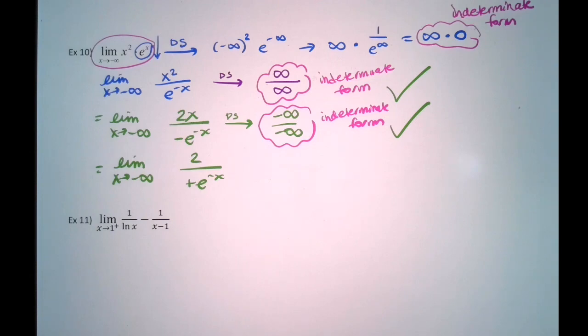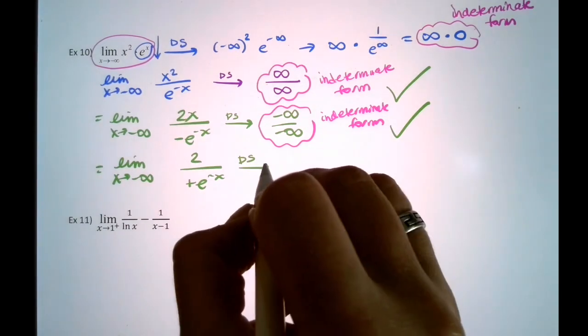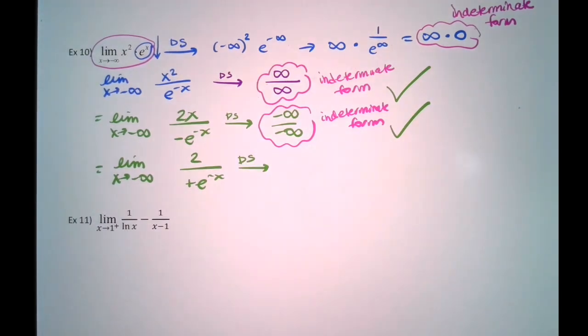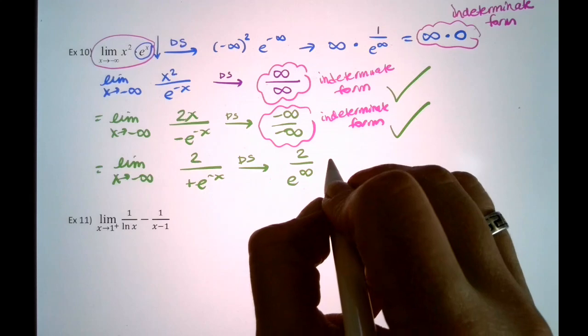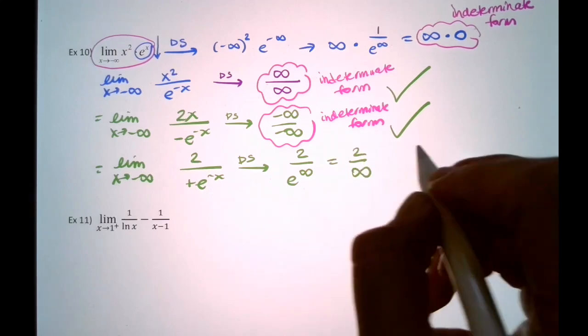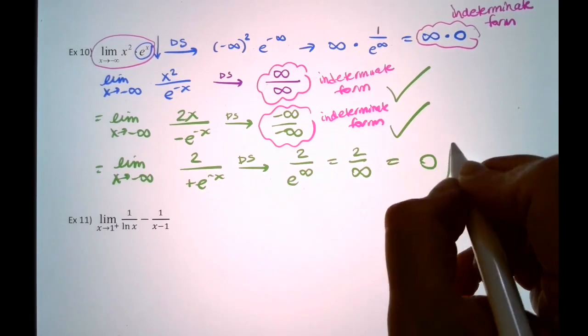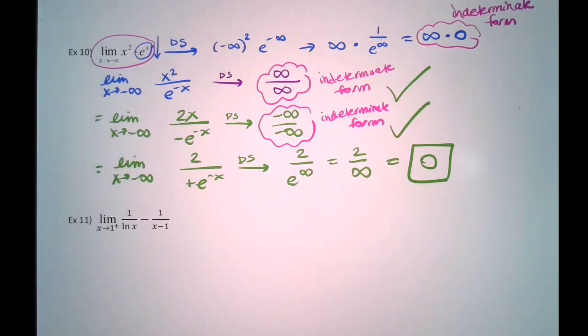So now what I have here, if I directly substitute, again, all of these cute little methods are just like, do something and then see if you can now plug in. If I plug negative infinity in here, I have 2 over e to the positive infinity. That's 2 over something going to infinity. That is determinately 0. That is my answer.